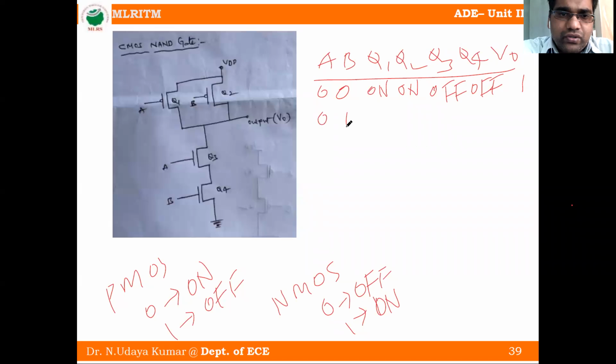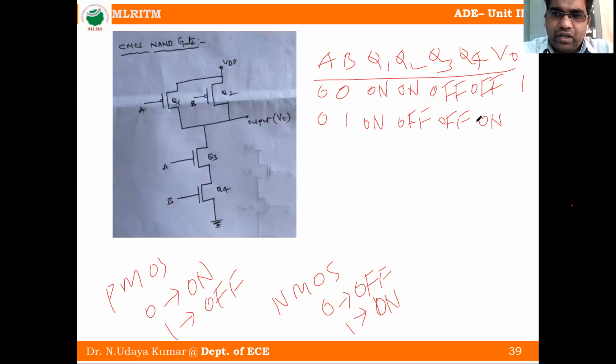A equal to 0 for the PMOS transistor means Q1 is on. Q2 has 1 given, so it is off. Q3 has A equal to 0, so it is also off. Q4 has 1, so it is on.